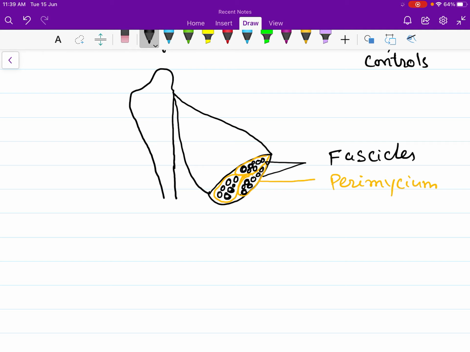What I am drawing in black are the Endomysiums of the muscle fibers. So each muscle fiber will be surrounded by Endomysium. This is the Endomysium, and these are the individual muscle fibers.